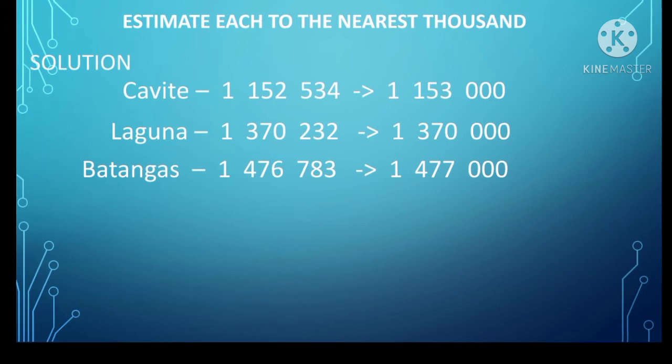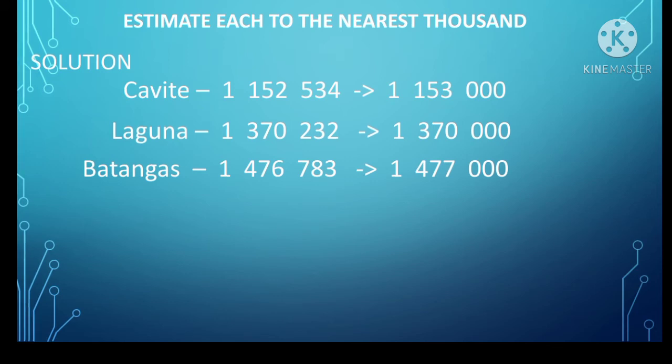It is greater than 5, so we are going to round up. So from 1,476,783 to 1,477,000.